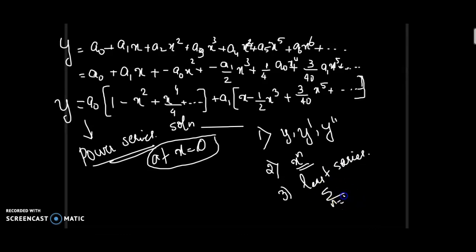In this case it was n equal to 2 to infinity. Depending on the problem this might change. If n equal to 1 is the smallest summation series appearing, then you will have to change the full summation to sigma n equal to 1 to infinity.